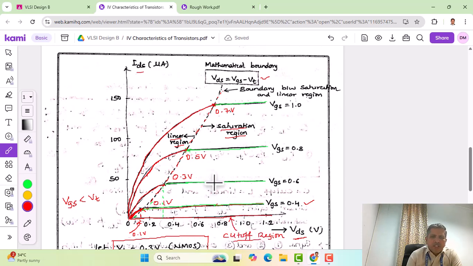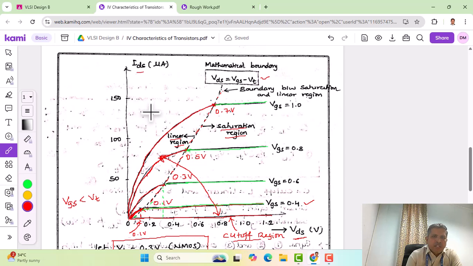Now in all the digital systems, the transistors, especially the NMOS transistor, switch between the linear region and the cutoff region. These are the NMOS switches. When it wants to remain in the off state, it goes to cutoff. When the transistor wants to remain in the on state, it comes to the linear region.